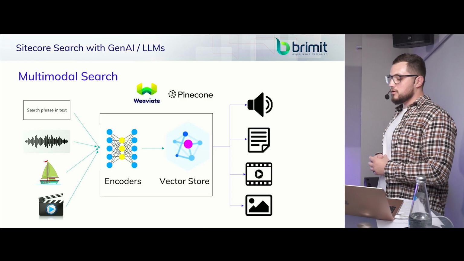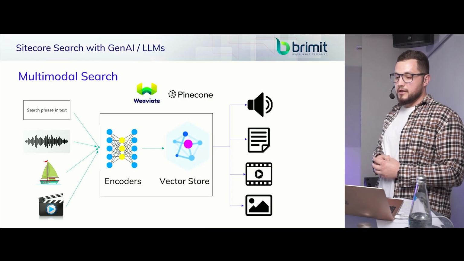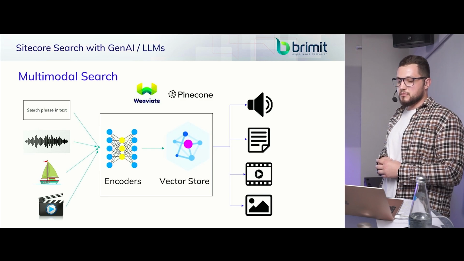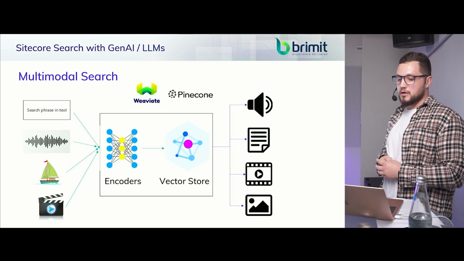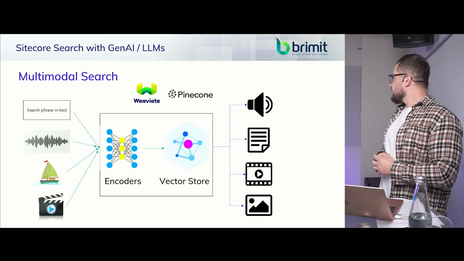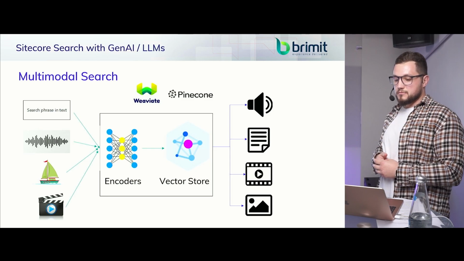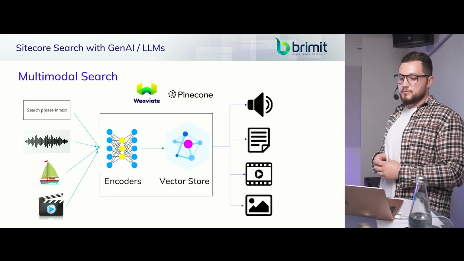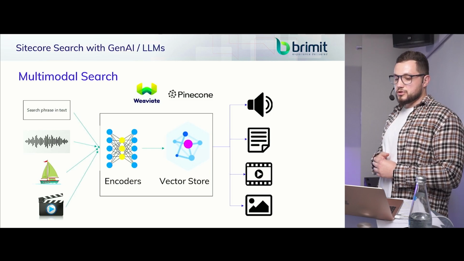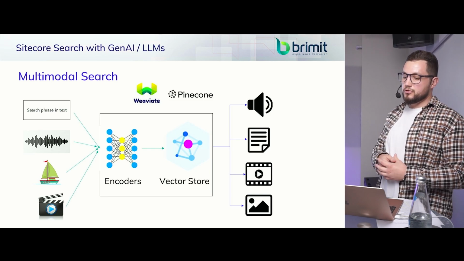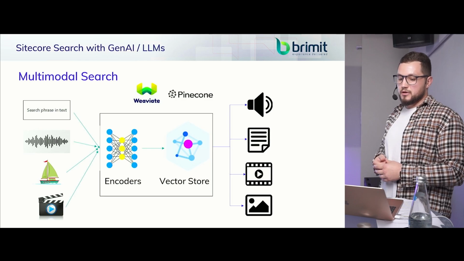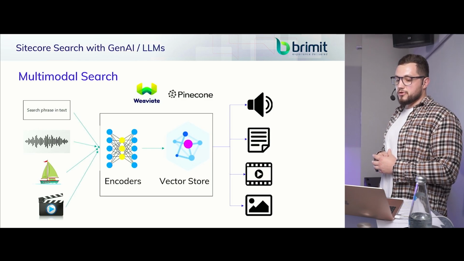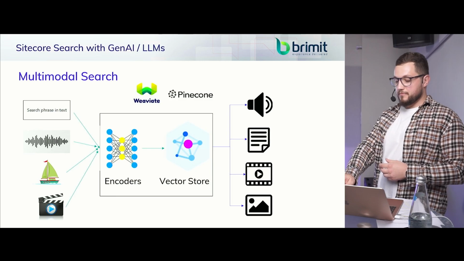One good example of an open source vector database is Weaviate. You can use it freely because it is open source, and this database has a lot of features like multimodal search, hybrid search, and integration with different machine learning providers like OpenAI and others.